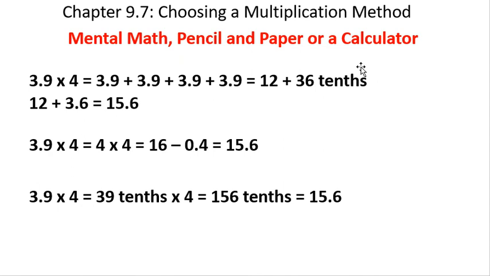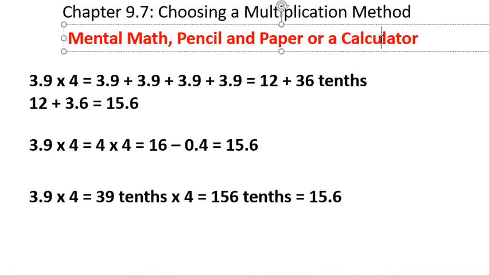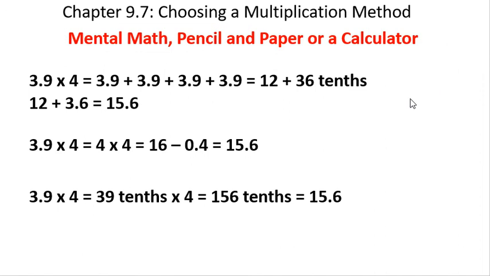I would always recommend, whenever you use pencil and paper and calculator, if you make a mistake on your input into your calculator, you will make a mistake on your calculation. So that's why I'd recommend always rounding and estimating first. For example, if I rounded my 3.9 to 4, this would be 4 times 4. So I know my answer should be approximately 16.